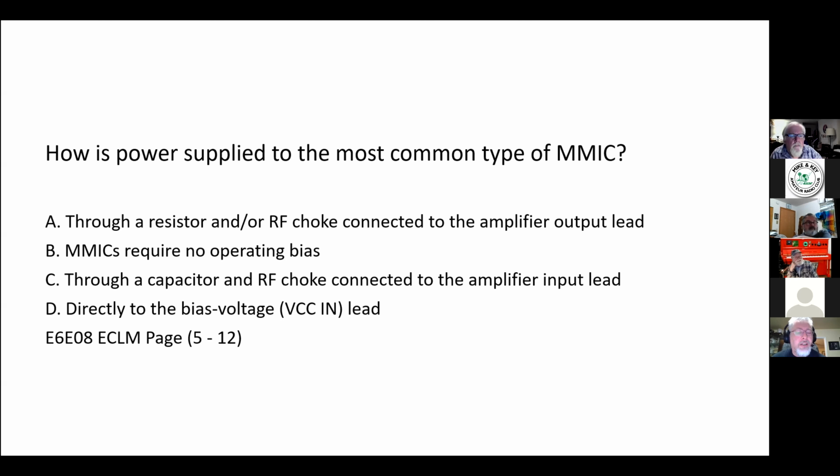Or D. Directly to the bias voltage VCC in lead. Alpha. Alpha is the correct answer. Through a resistor and or choke connected to the amplifier output lead.